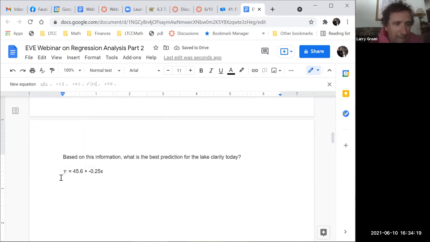And that is Y hat. Y with a hat on it is the predicted Y, whereas Y itself is the actual Y. So we say Y hat is equal to 45.6 plus negative 0.25x. Any questions on the equation of the regression line?